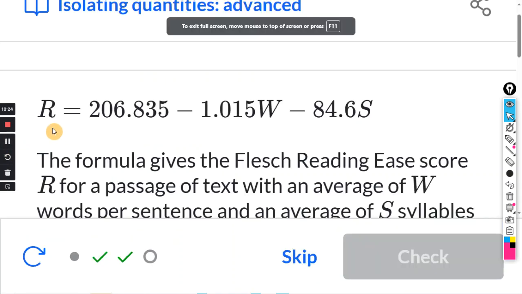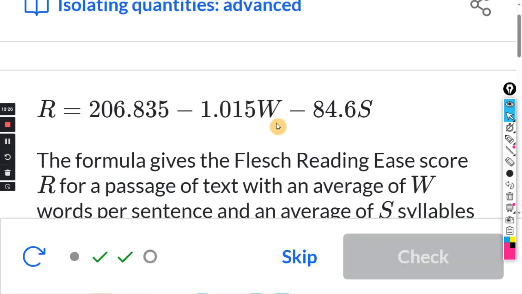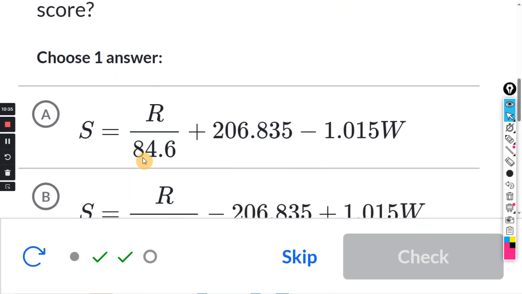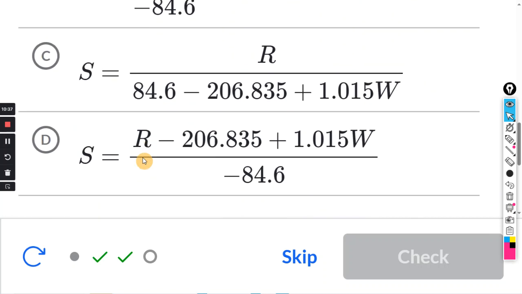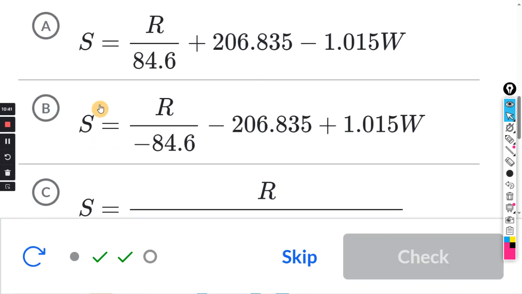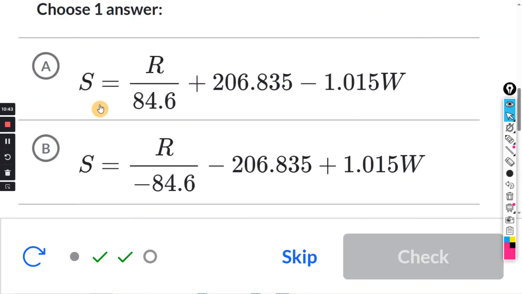All right, last one. We have R equals here with two variables. And what do they want us to do? Average number of syllables per word, blah, blah, blah. Let's see. Okay, good. They are all S equals. So we are clearly solving for S. That's why I don't have to read the write-up. It's all S equals.